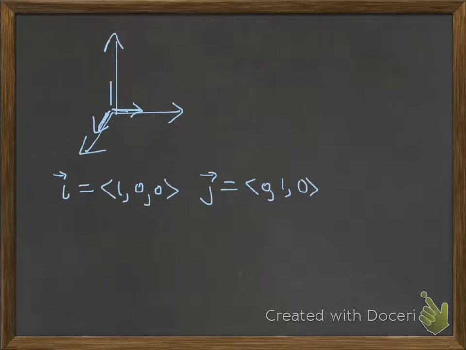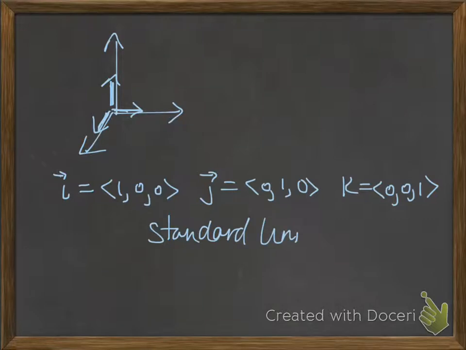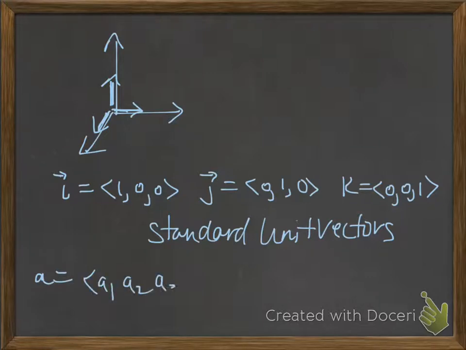And then along the z-axis, we call k, and that is 0, 0, 1. So these are actually called our standard unit vectors.